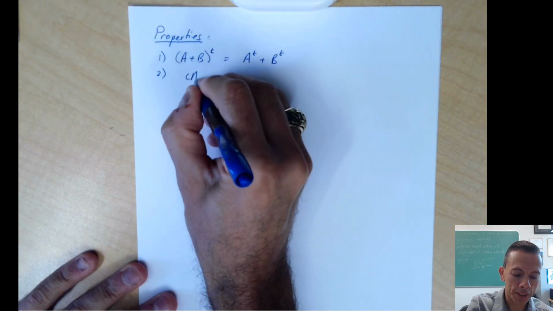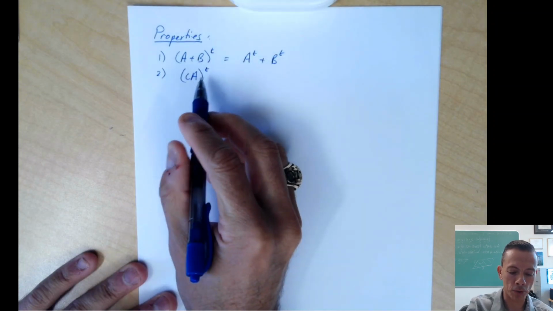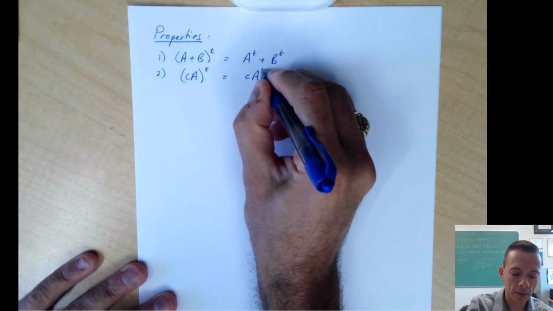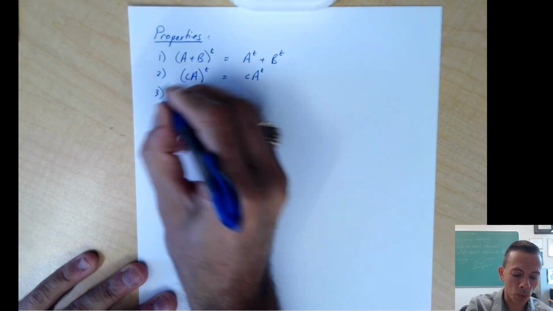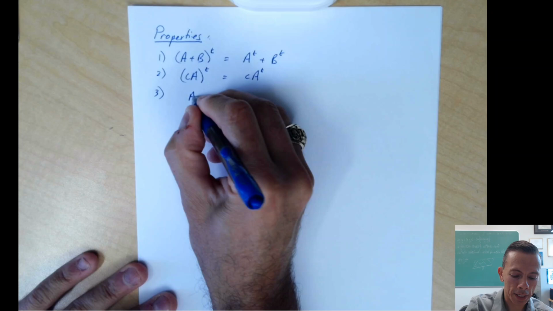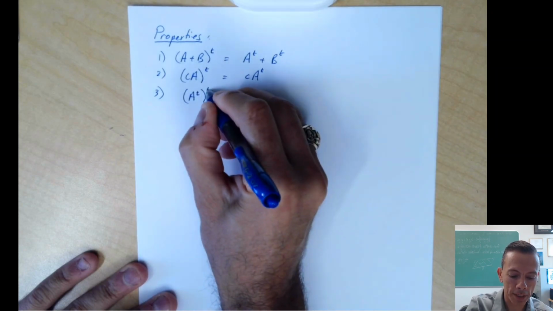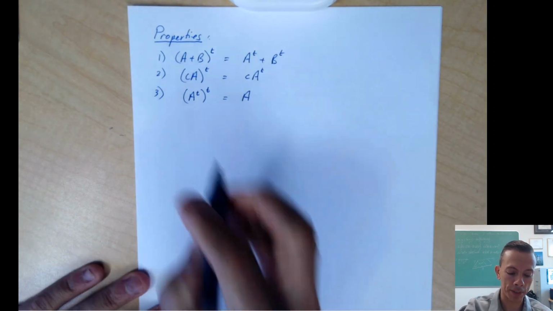Scalar multiplication is the same. The scalar can be floated outside of the transpose. Another interesting one is if you have a matrix A and you transpose it, and then you transpose it again, you recover the original matrix A, which should be very obvious.